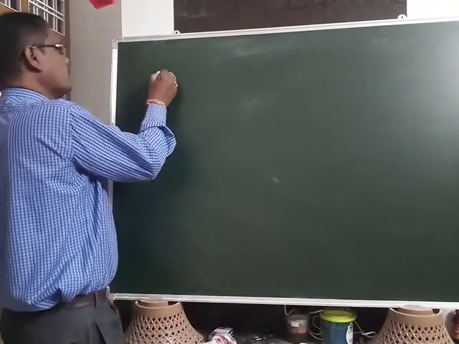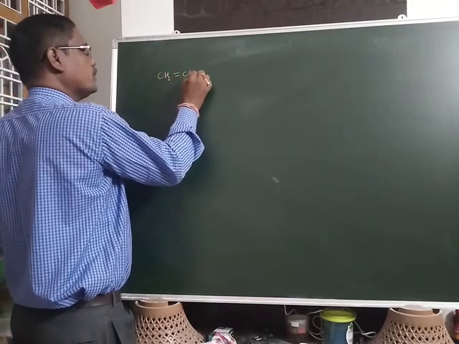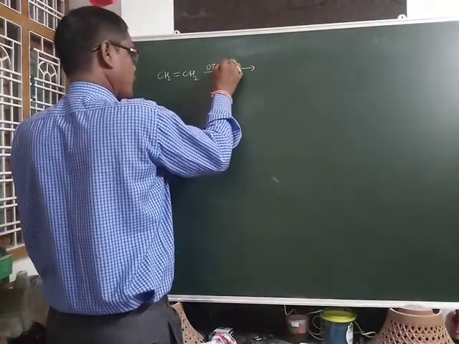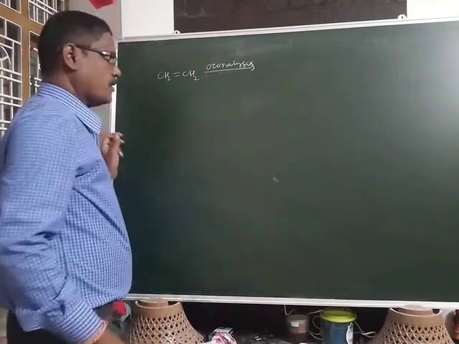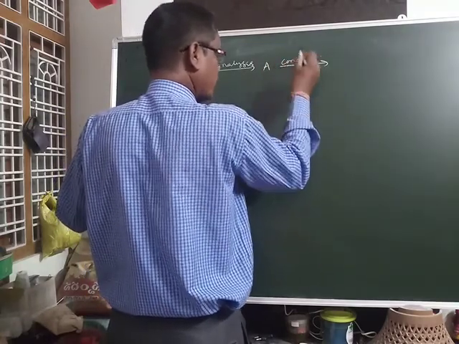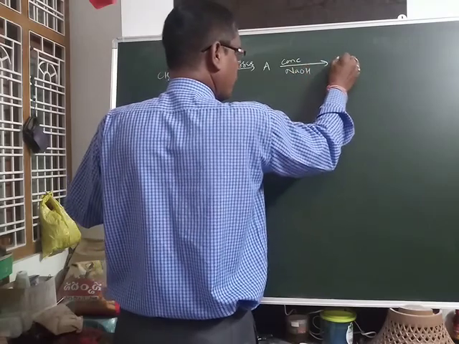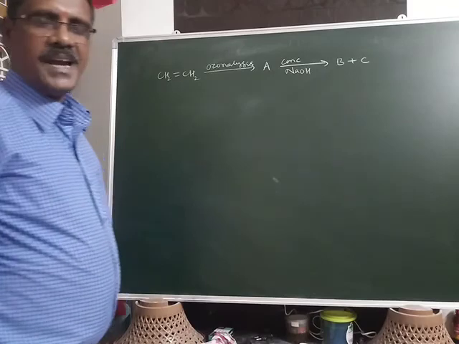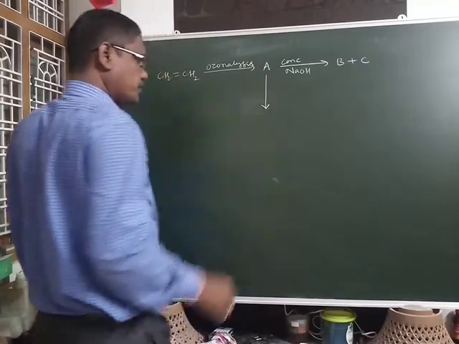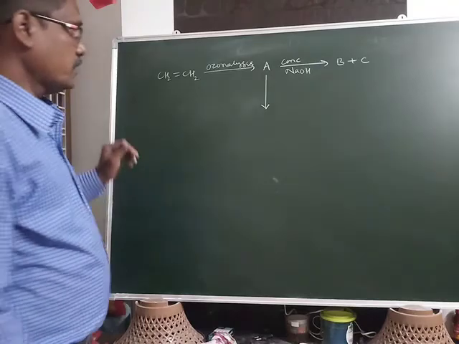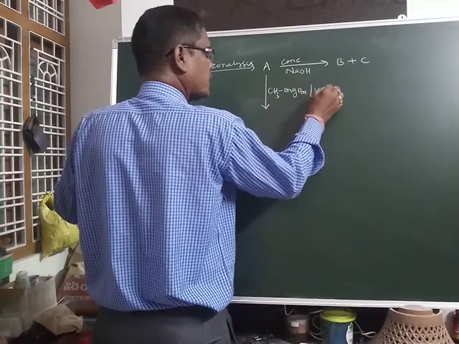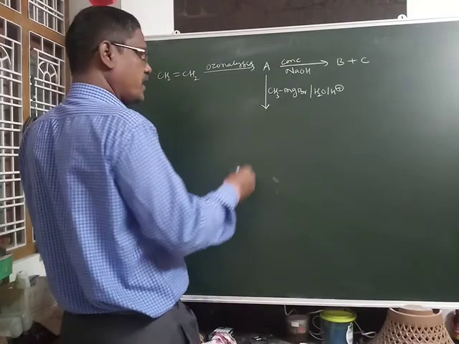One more I am giving: CH2=CH2 on ozonolysis gives A. A when reacted with concentrated NaOH gives B and C. Now A if subjected with methyl magnesium bromide and hydrolysis gives D.